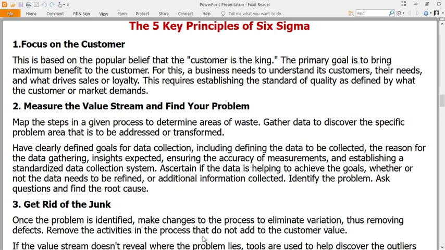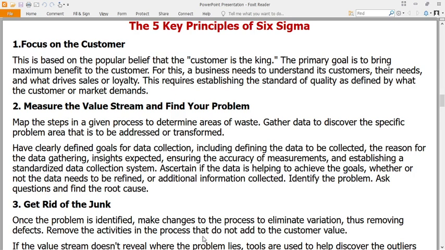Then the other principle is measure the value stream and find your problem. We have what we call a value chain. So from the state of getting your raw materials, if you're into production, to the consumer, you're supposed to map all the steps so that you determine areas that need attention and areas of waste.